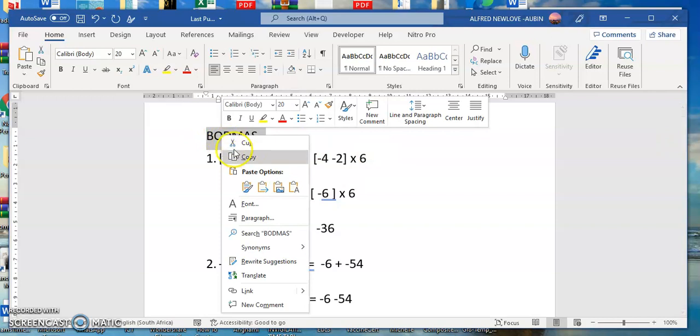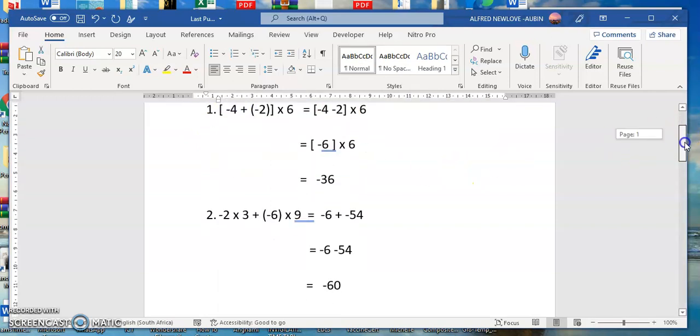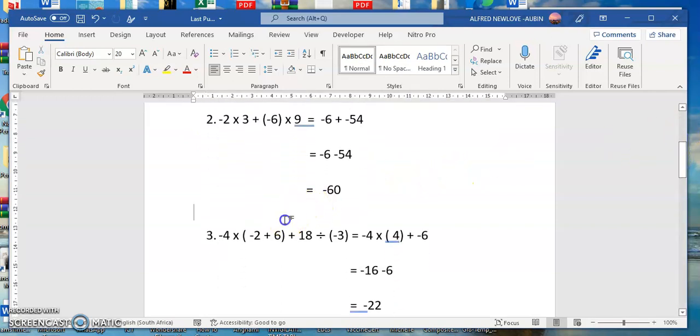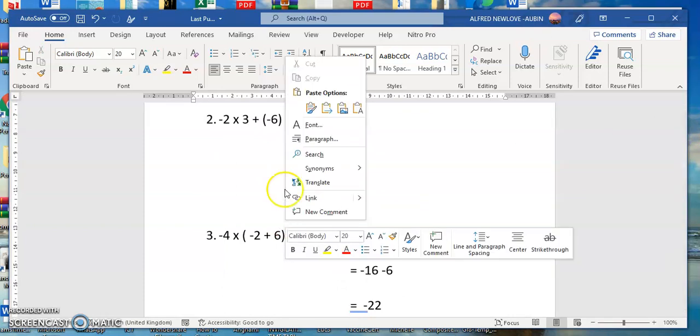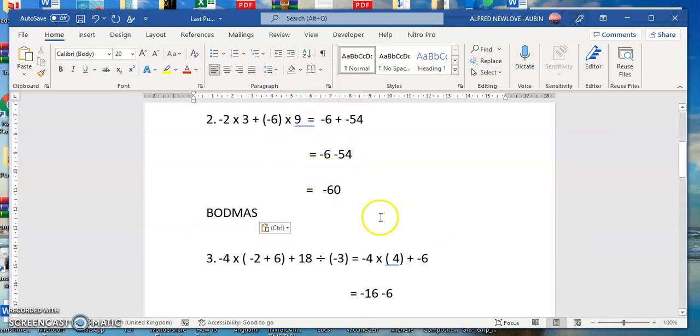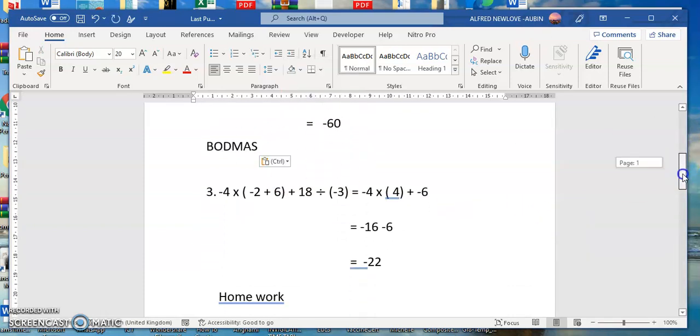We are still using the BODMAS. My brackets. This is my bracket. So you see that I've written the minus 4 again. This is the times.